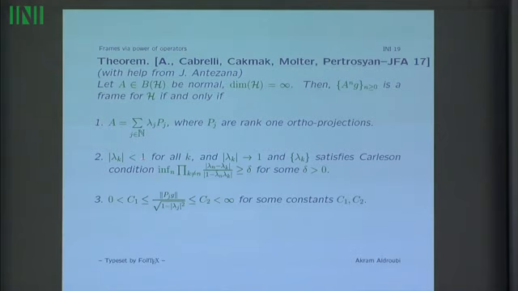They must go to 1, and they must satisfy this constant condition, which is a condition that Carleson used for the interpolation on the H2 of the disk, and you have to have this condition on the eigenvalues for some delta bigger than 0.